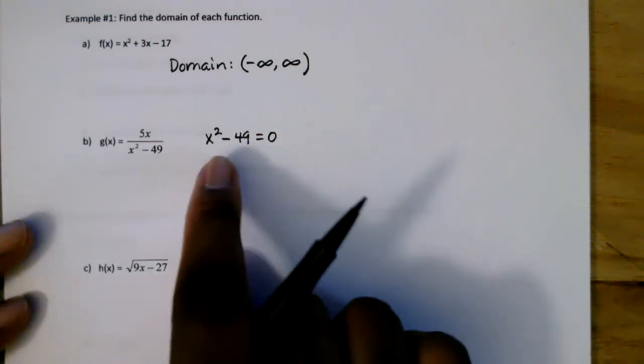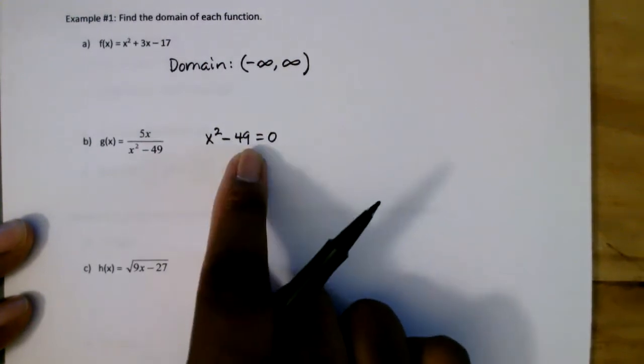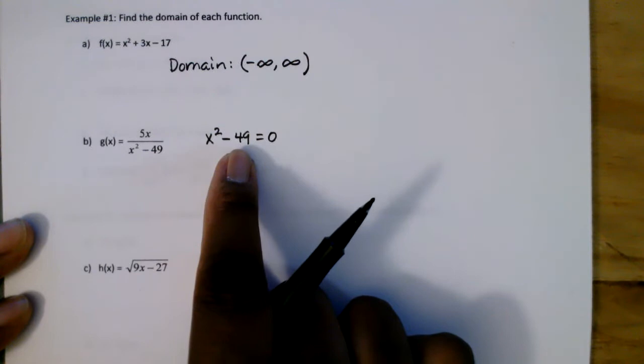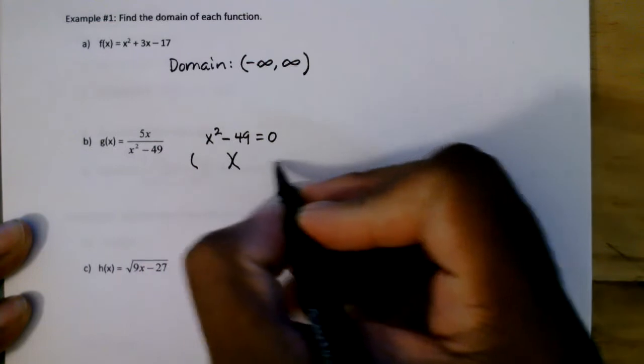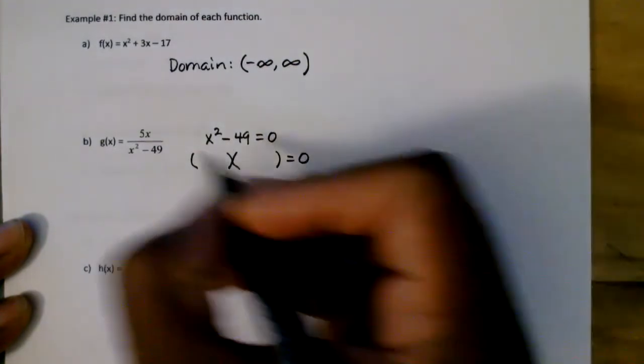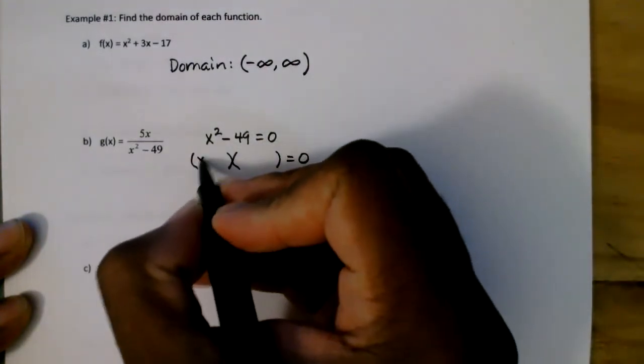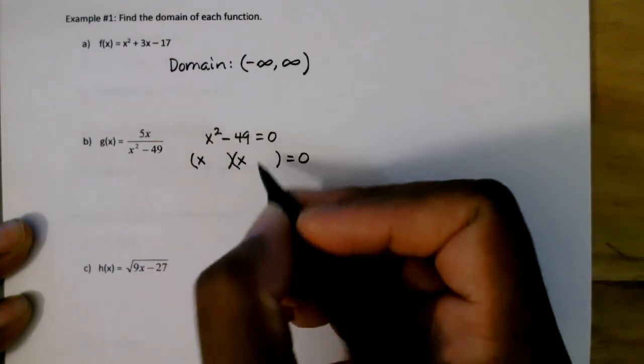In this case, that x squared minus 49 is a difference of two perfect squares. I can factor that into two binomials. So x squared breaks up as x and x.